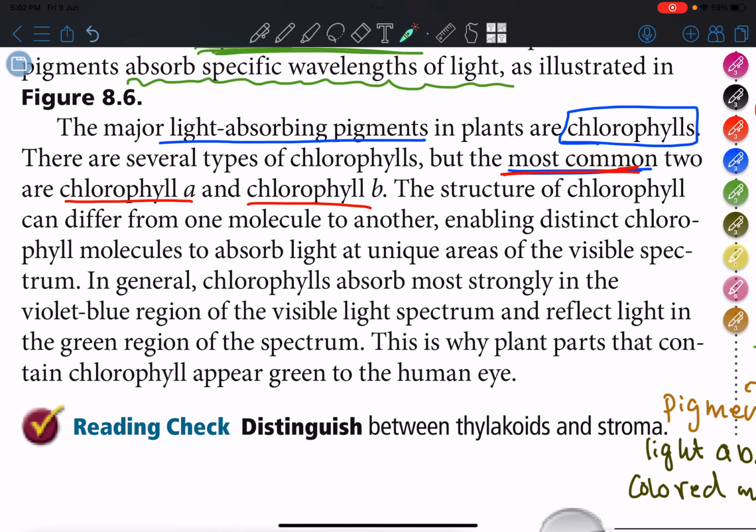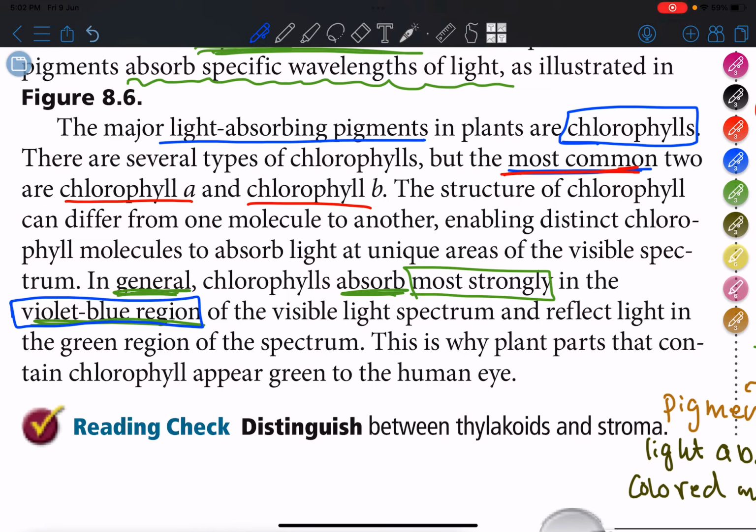In general, we're talking in general, chlorophyll absorbs most strongly in the violet-blue region of the visible light. This means when the sun hits the plant, the chlorophyll will absorb violet-blue light.